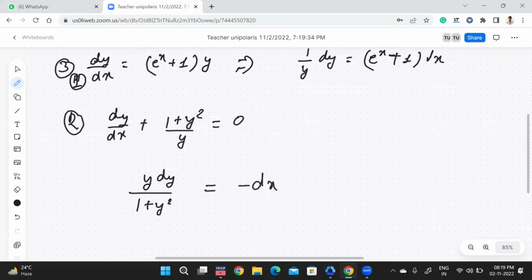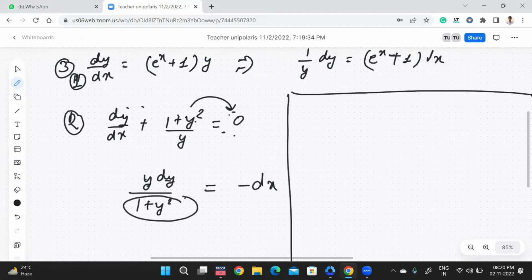Is this correct? Yeah, it's correct. First you take it to the right side to get negative, and this y goes up. Here you can see that this is substitution. Put 1 plus y square as something, you get y dy, and minus dx is pretty simple. So this also we'll skip.